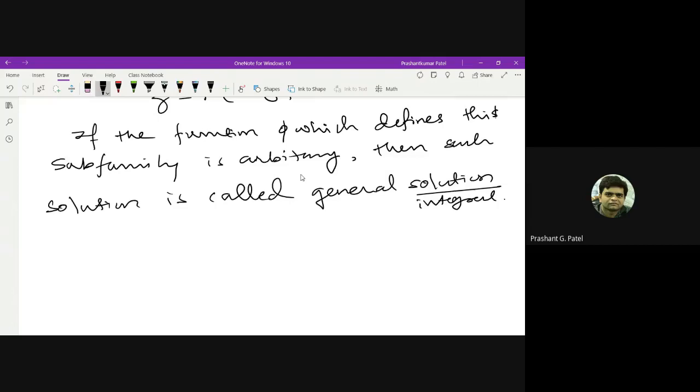So this is the general integral of equation 1.